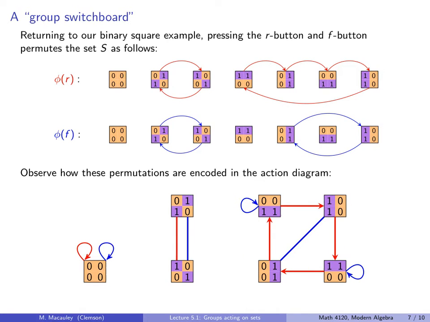And I should say that here I'm drawing the blue loops to emphasize that these are fixed, and here I'm drawing red and blue loops. Up here I did not do that. Just for brevity, instead of drawing self loops, I just drew nothing. So if you want, you can think of there really being a self loop there and a self loop there. And similarly, that's a loop and that's a loop. But anytime there's nothing going out, you can assume it's a fixed point.